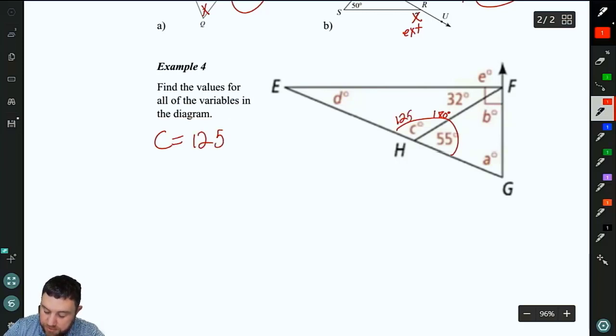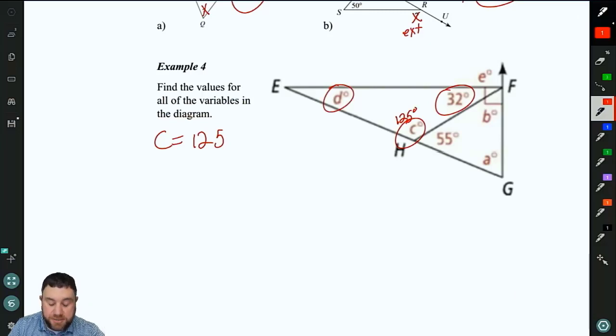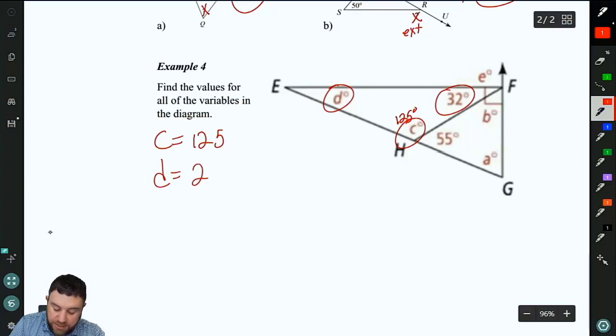If that's 125, then we know that C and 32 and D have to add up to 180 because those are the three angles of a triangle. So D has to be 23. So we can fill that in.